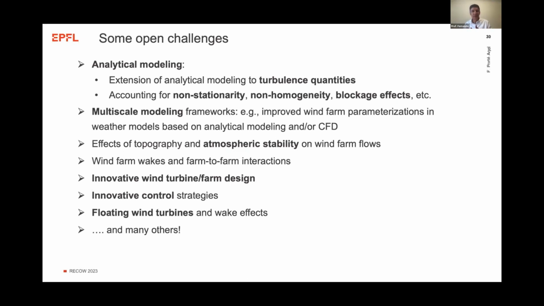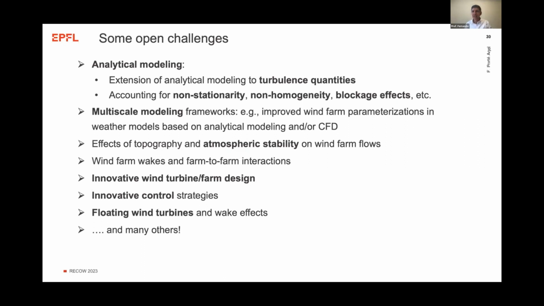I'm quite a fan of the work of Professor Ogia on the wind lens technology, and I think this kind of new idea can bring a fresh new perspective and possibly major breakthroughs. Also, innovative control strategies. We have to find ways to control the wind farm as a whole, not just turbine by turbine.